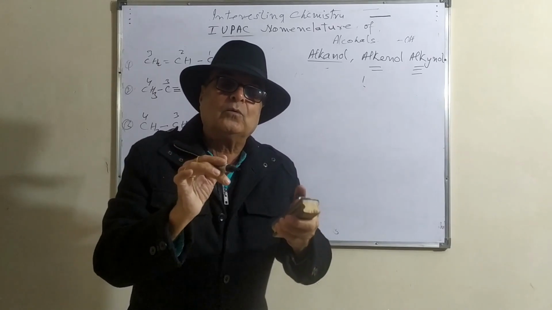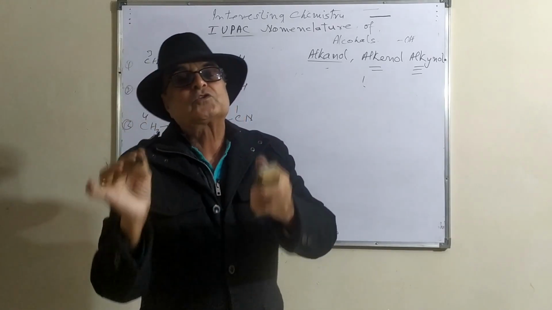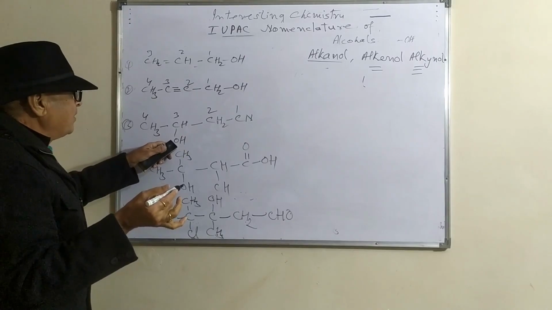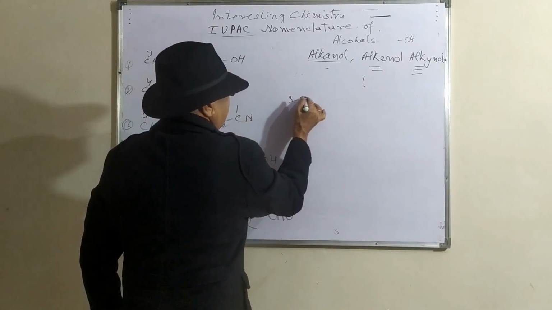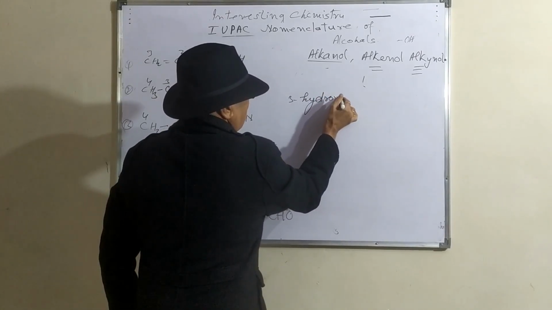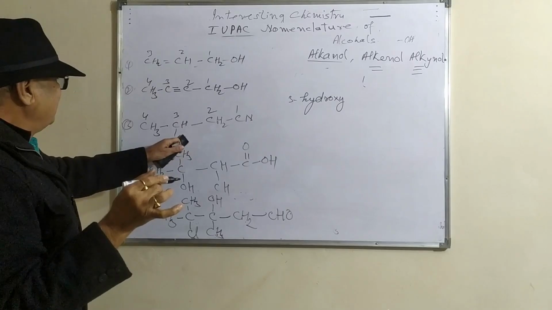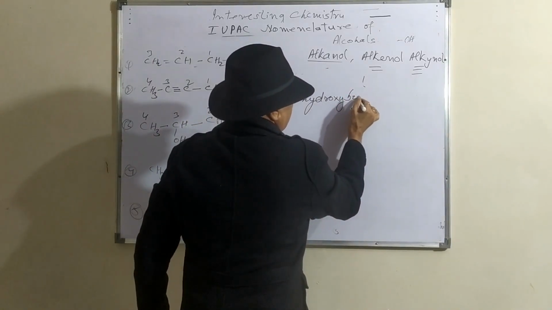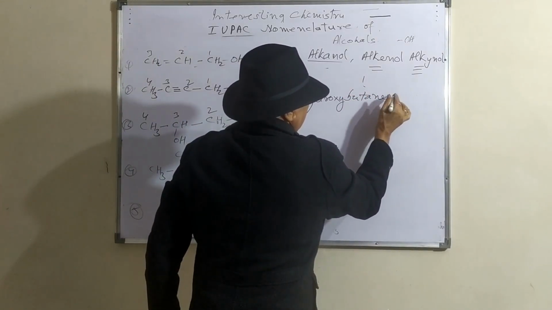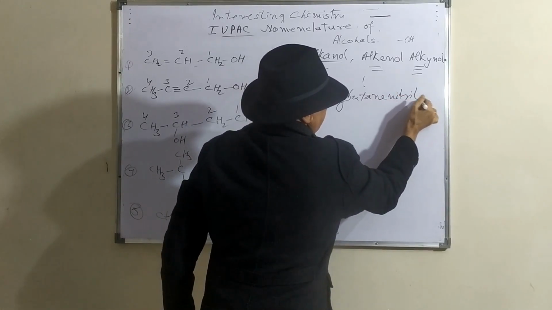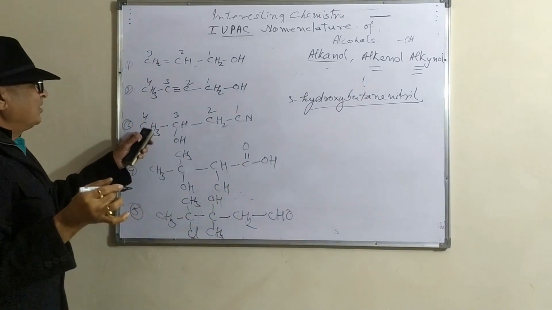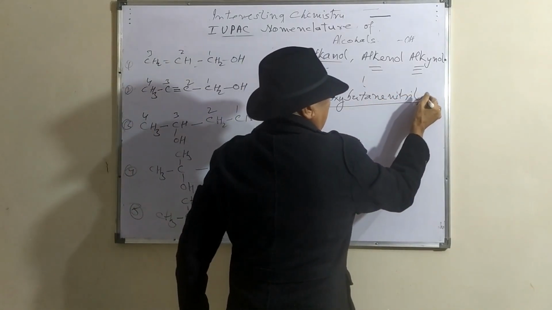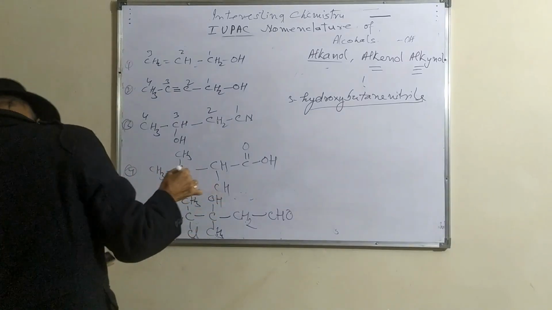You will show the position of OH in prefixes, so the prefix of the OH is hydroxy. So the name of this compound will be 3-hydroxy butane nitrile. 1, 2, 3, 4.